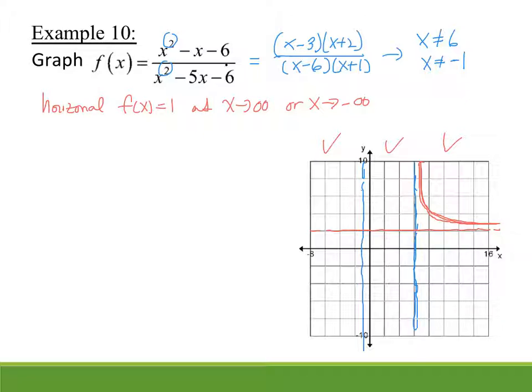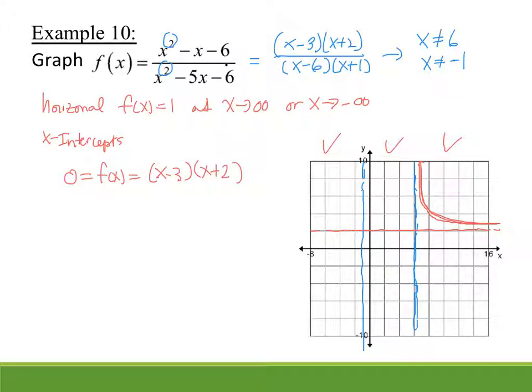So what we're going to do is look at x-intercepts, and the way we do that is 0 equals f of x, which equals x minus 3 times x plus 2.